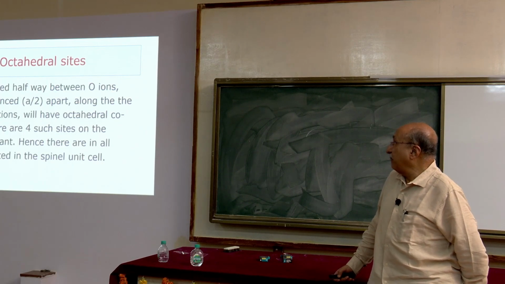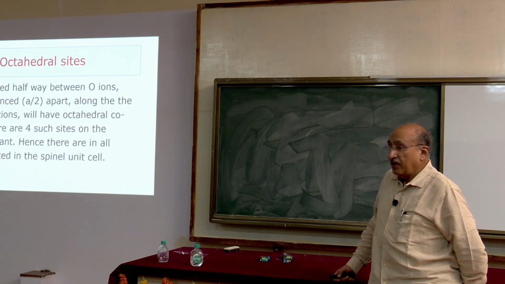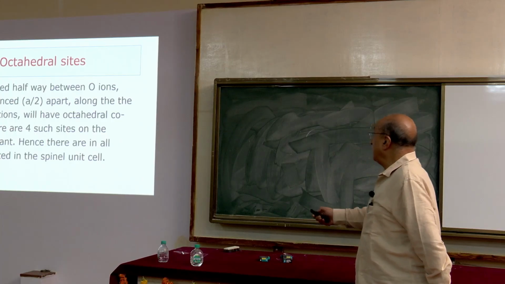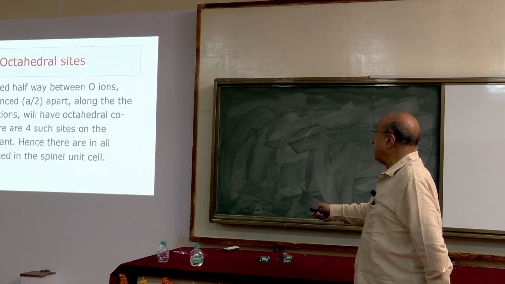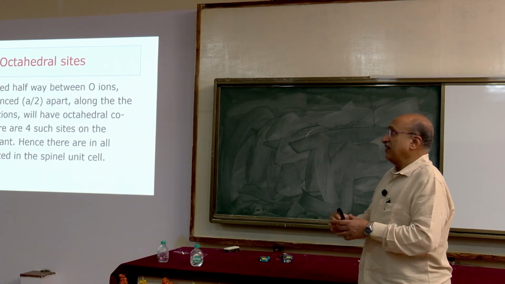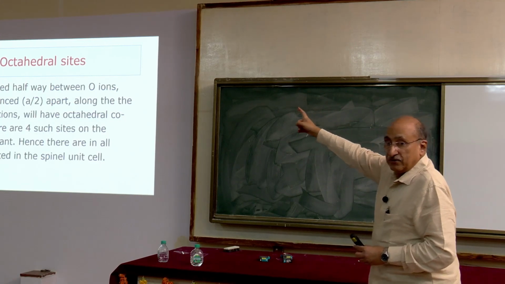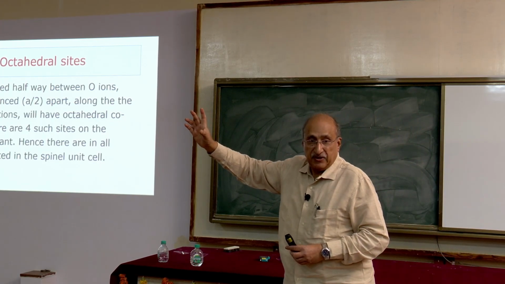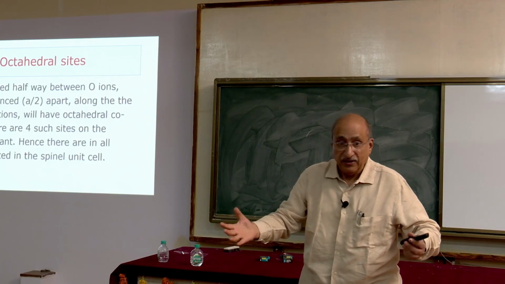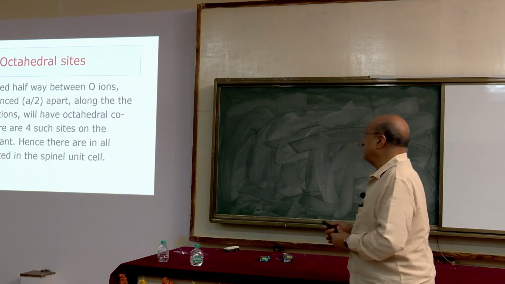Now let's calculate the number of octahedral sites. Any point located in between oxygen ions which are distance a by 2 apart. Essentially it means that if you have an oxygen ion here, in between there is going to be a B site. So whatever is the number of oxygen sites, the same should be the number in the lattice.